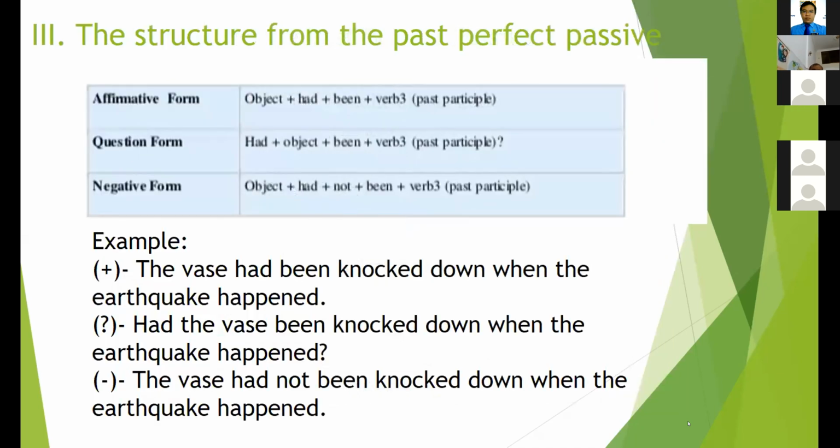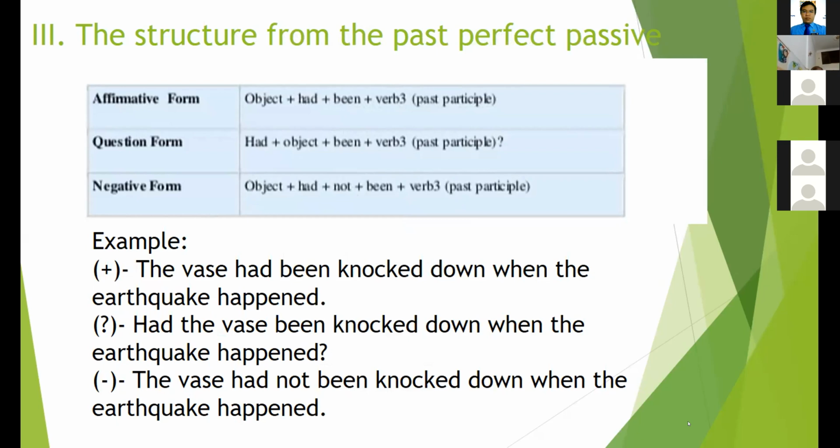Yes, the structure of the past perfect passive. There are 3 forms of past perfect passive: first, positive form, second, question form, and third, negative form. You can see this picture is hard to see, but I will read it to you.